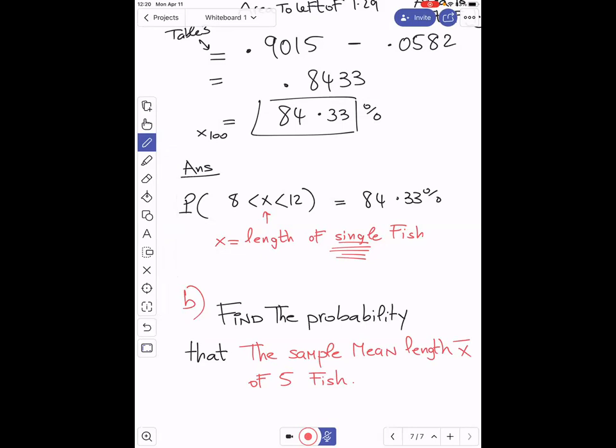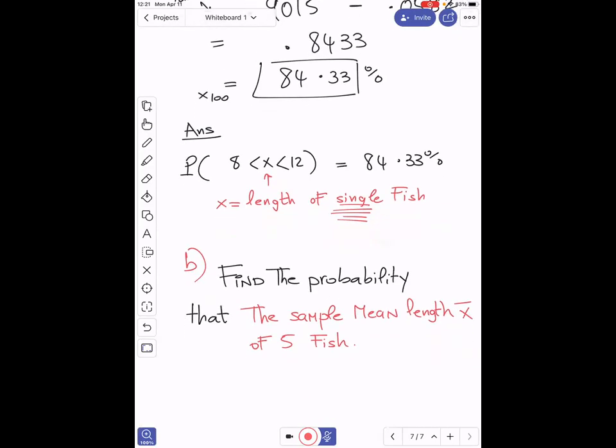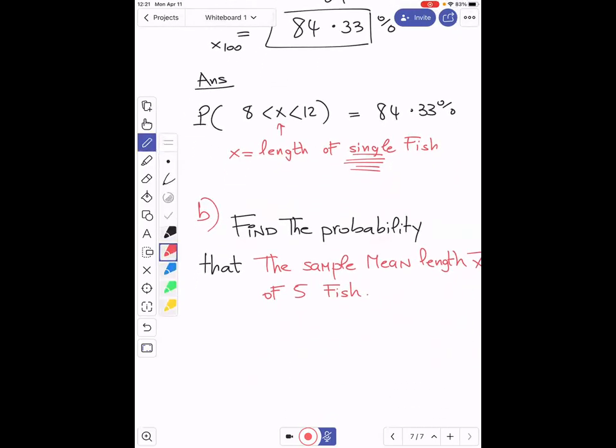If I have 5 fish, of course, I can measure the mean length of the 5 fish. So the question is, find the probability that the sample mean length X bar of 5 fish taken at random is between 8 and 12 inches long.